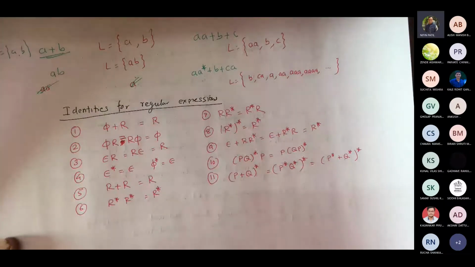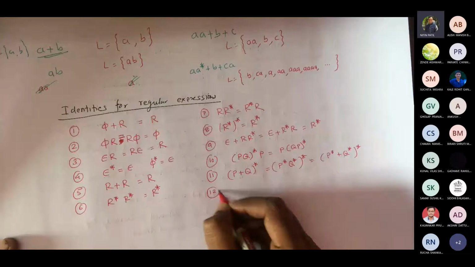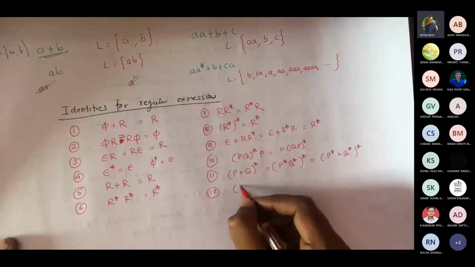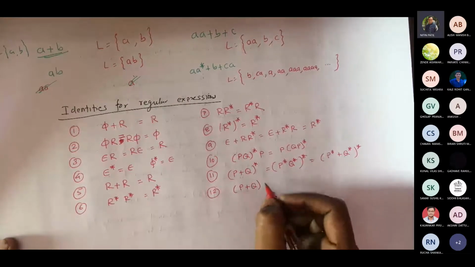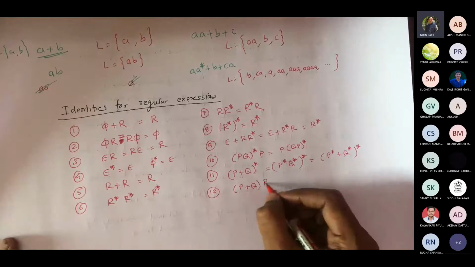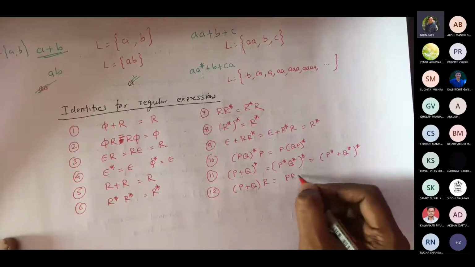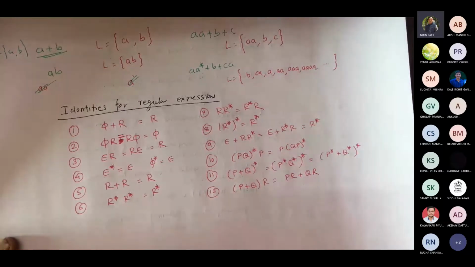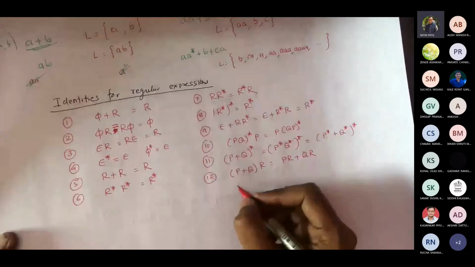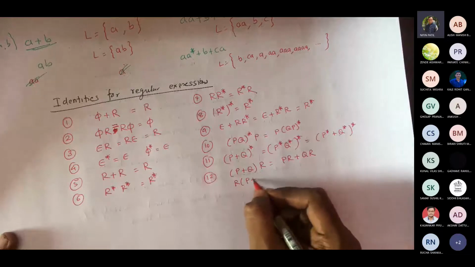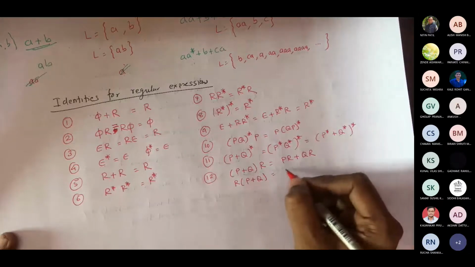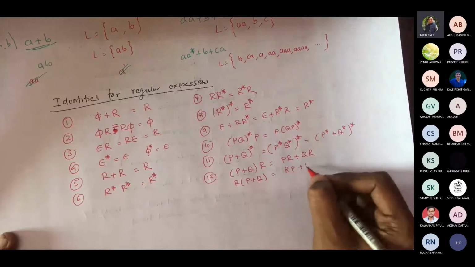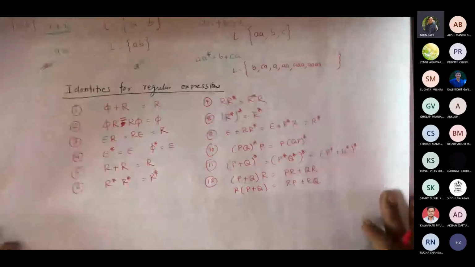Fine. So let us work out the 12th. (P plus Q) R is equal to PR plus QR. What is this rule? Can somebody tell me what you call this rule? What is rule number 12?